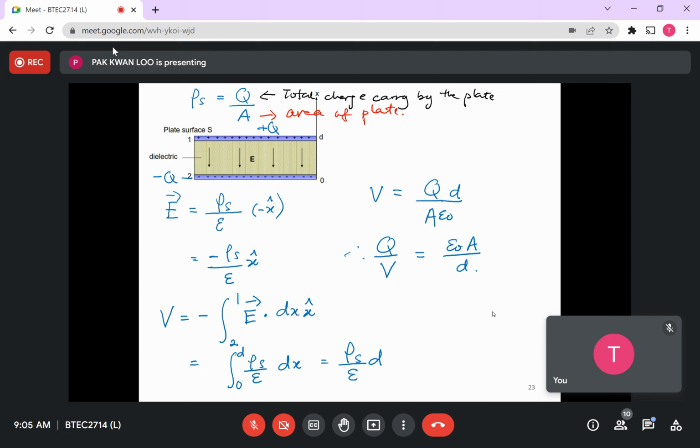Once we apply Gauss's law to obtain the electric field, subsequently we use the obtained electric field to get the potential, which eventually will give us the capacitance.